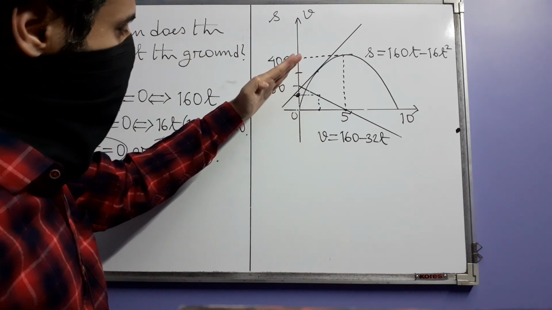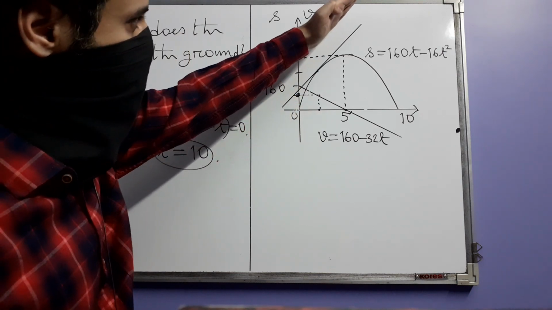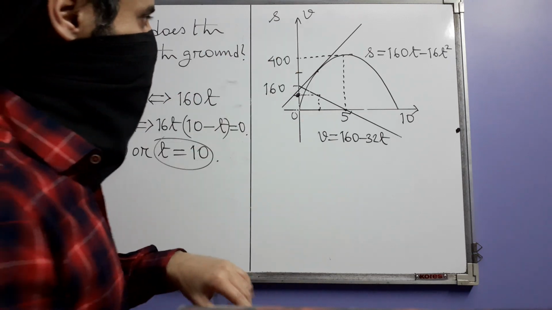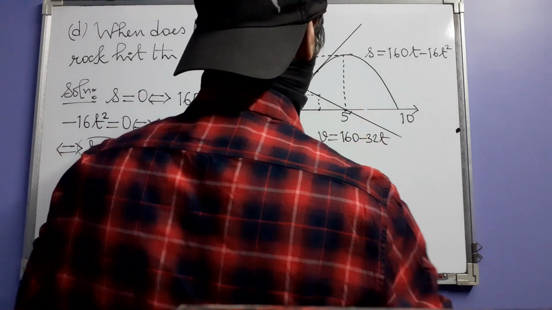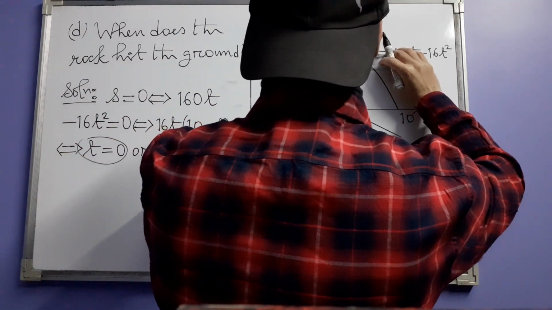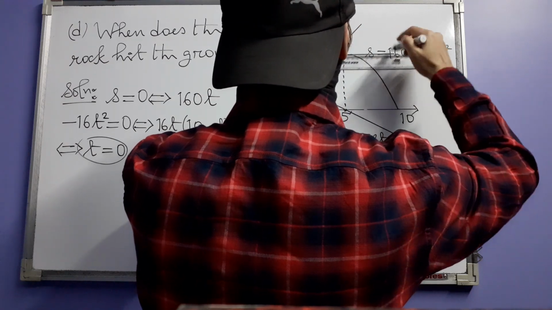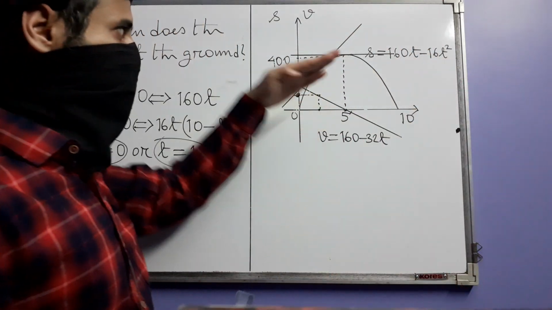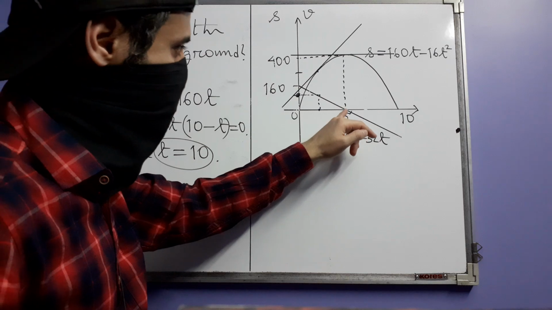The slope is positive because the tangent is tilted like this. At the instant t equal to 5, the tangent becomes horizontal. So slope is 0, there the velocity is also 0.